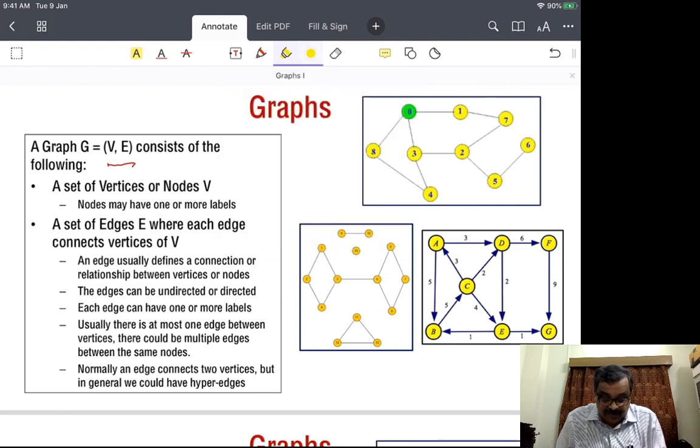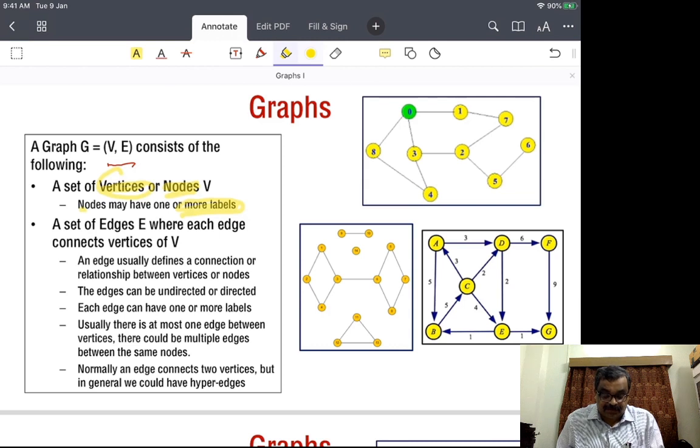We have one or more vertices, and these are either called vertices or nodes. Each node may have one or more labels. The labels of a node often identify the purpose for which this graph is to be used. We will see examples of how nodes are labeled.